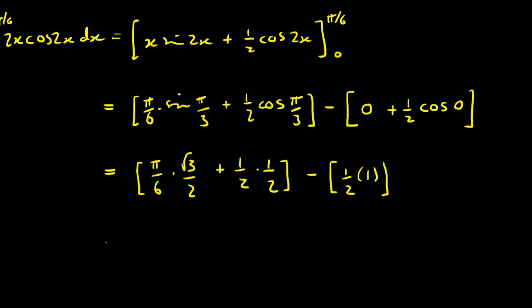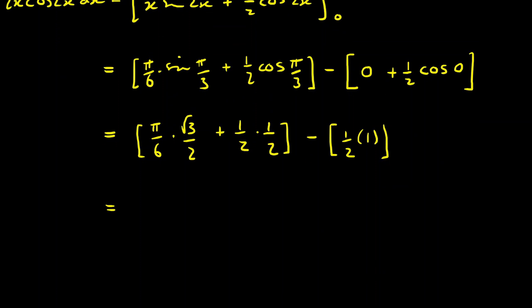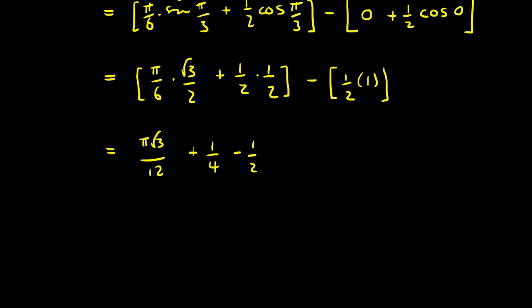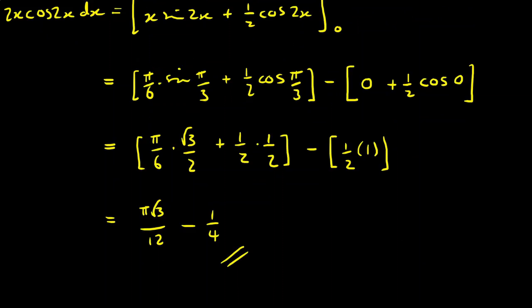So if I simplify all of this, what I've got is pi root 3 upon 12 plus a quarter minus a half. And a quarter minus a half is minus a quarter. So I can just write that there, minus a quarter. And that should be my answer in exact form.